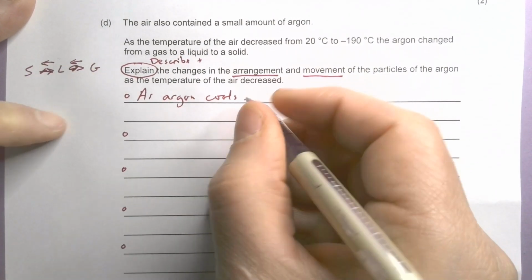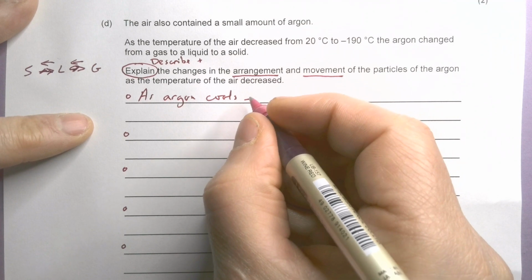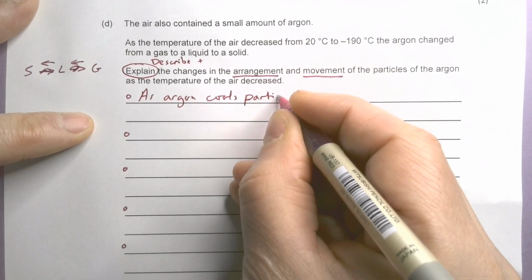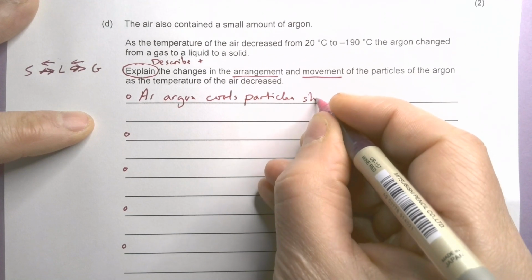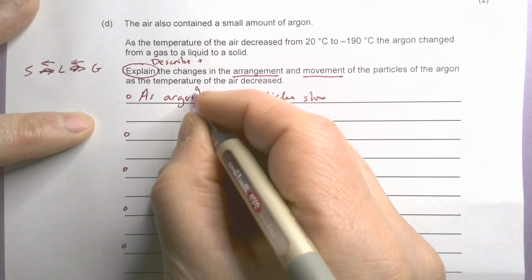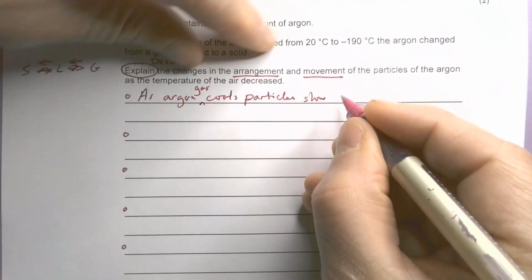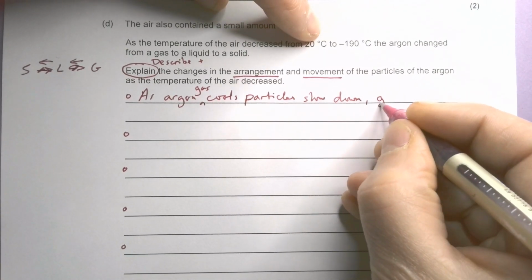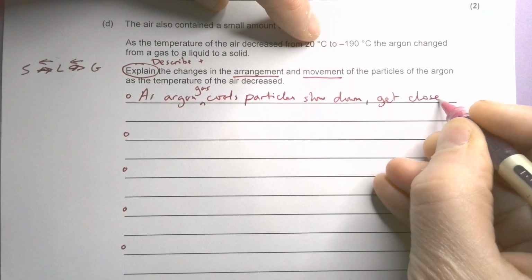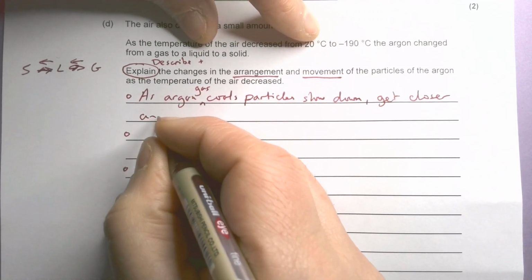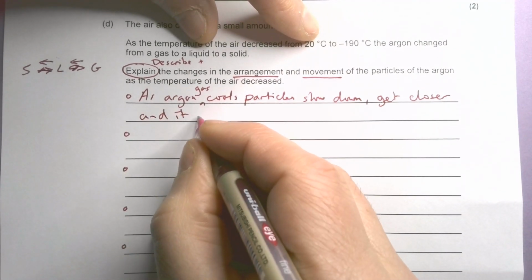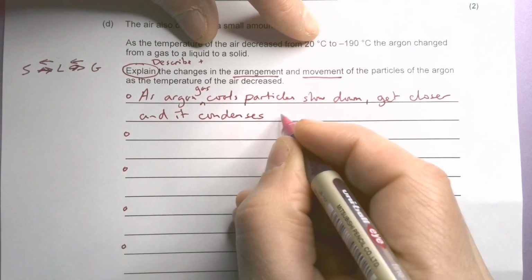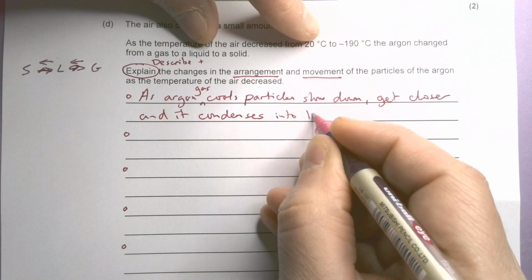As argon cools, the particles slow down, get closer, and it condenses. I'm trying to use keywords when I can. Condenses into liquid.